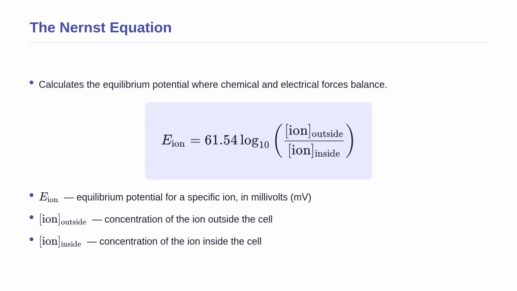The number 61.54 is a constant derived from human body temperature and other physical constants. The terms in the fraction represent the concentration of the ion outside the cell divided by the concentration inside the cell. If the concentration of the ion outside increases, the ratio becomes larger and the equilibrium potential becomes more positive. This equation allows us to predict exactly how the neuron will behave.